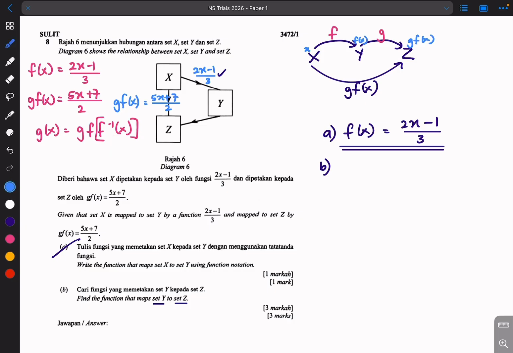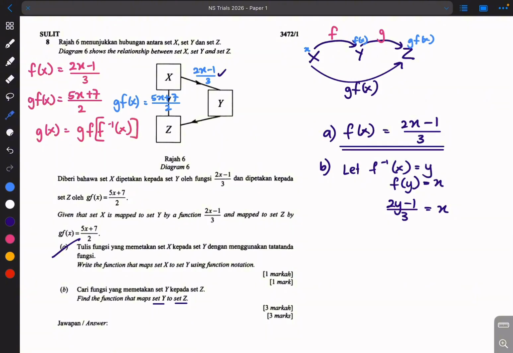Okay, so we can say let f inverse of x equals to y. So f of y equals to x. This is the first step of finding inverse function. Okay, so if f of x is 2x minus 1 over 3, f of y would be 2y minus 1 over 3 equals to x.